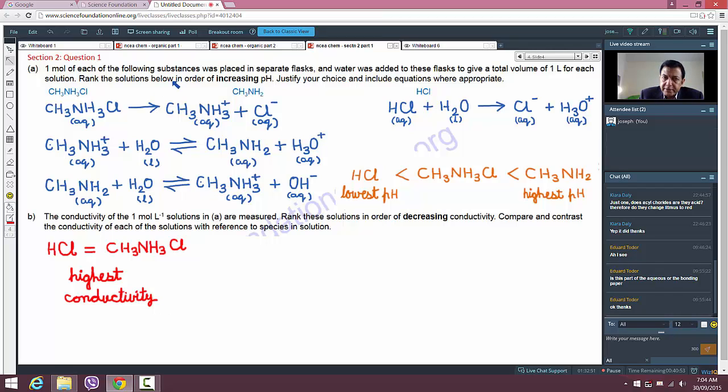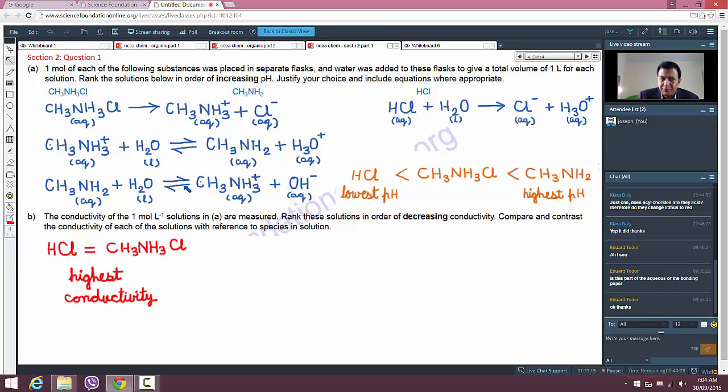Now look at this one here, the CH3NH2 molecule. A small number of them react; it's a weak base like ammonia solution. It will have weak electrical conductivity. Why does it conduct at all? Because like ammonia, a small number of these molecules accept H pluses from water molecules to produce this ion and OH minus. But this is an equilibrium.